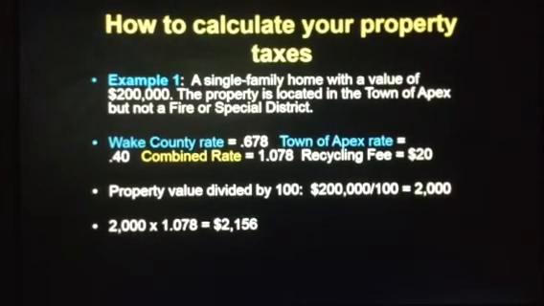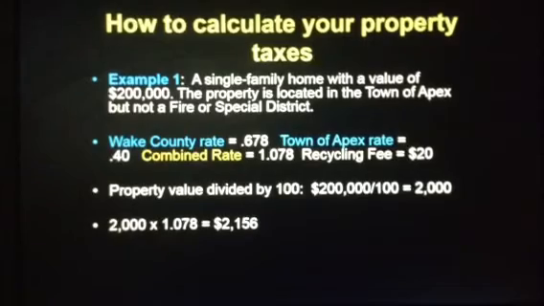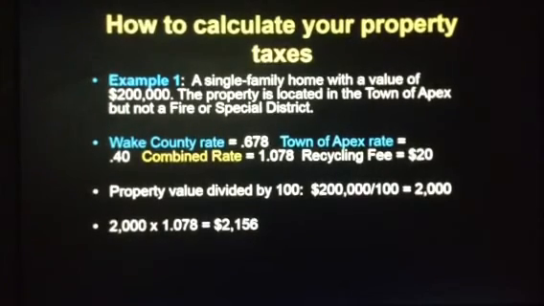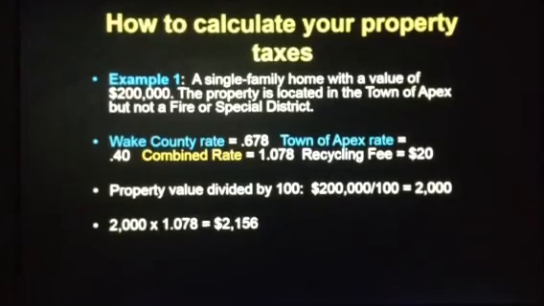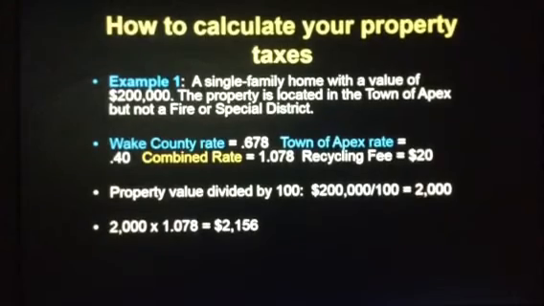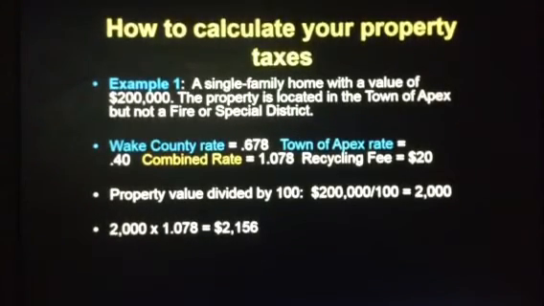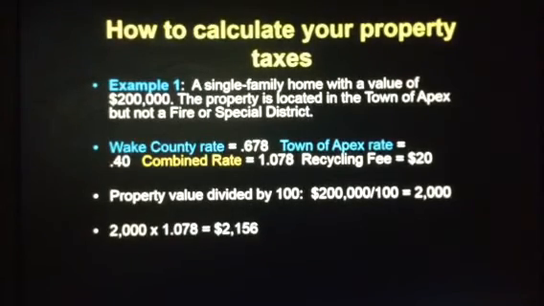So in this particular case in Apex, the Wake County rate 0.678, the Apex rate 0.40, that's combined 1.078. You have a recycling fee, so you take $2,000 times 1.078. In other words, this person's paying $2,156 in property taxes.